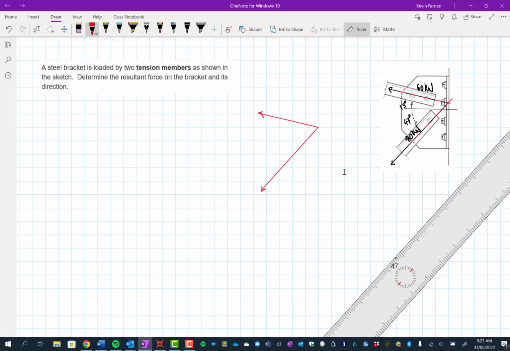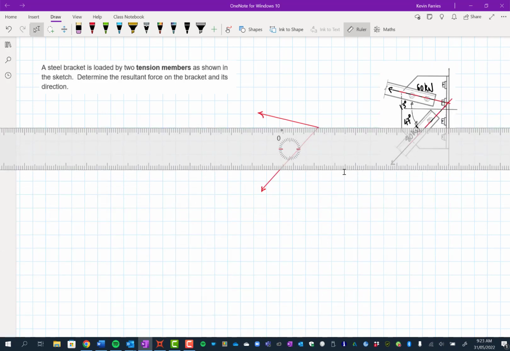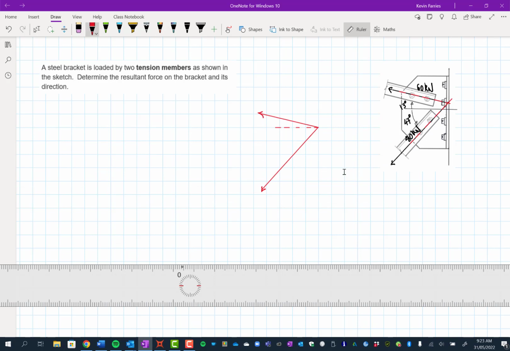So we're trying to combine these two forces to get the resultant force. Better just put on all the information we've got. So we know that this is 13 degrees. This here is 47 degrees.